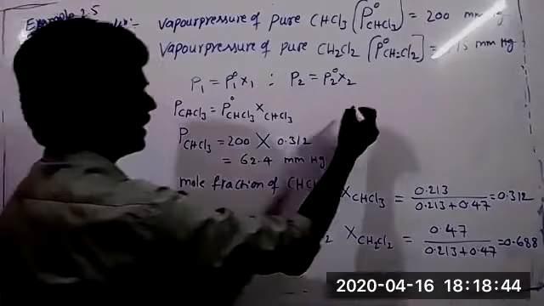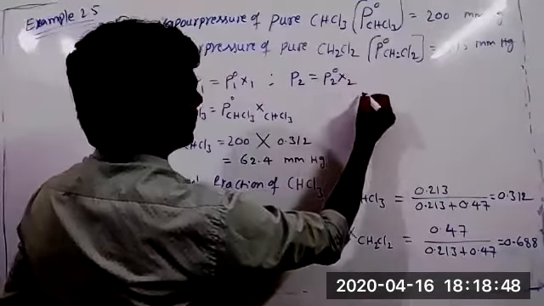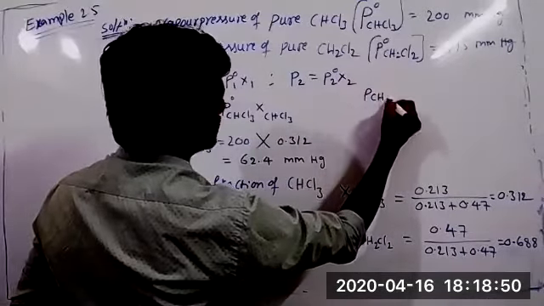Next, this side. P2 means you take dichloromethane.